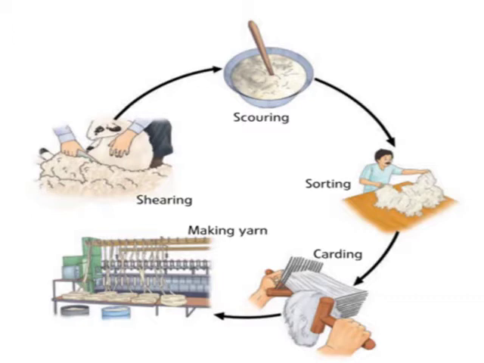Then Angora wool is obtained from Angora rabbits, and camel wool, obviously, is obtained from the camel. Then we get alpaca fiber from the hair of the alpaca. It is a member of the camel family in South America, and this fiber is lightweight and strong.